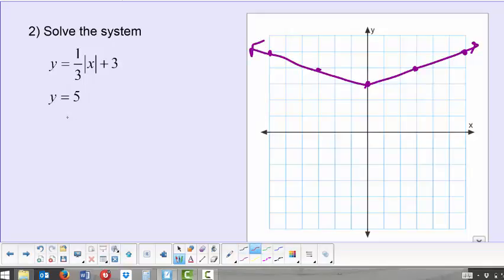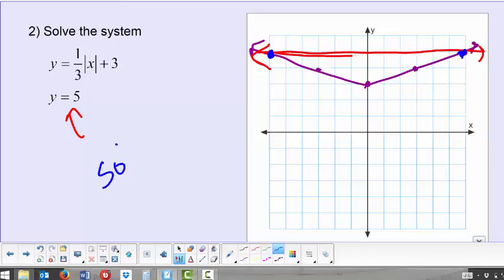Then I'm going to graph the linear function, y equals 5. Again, that's a horizontal line, which would be right there. And again, I have two places where the absolute value and the linear function intersect.